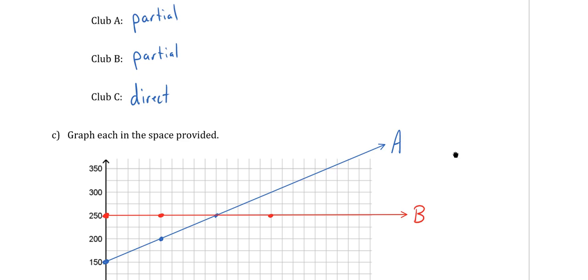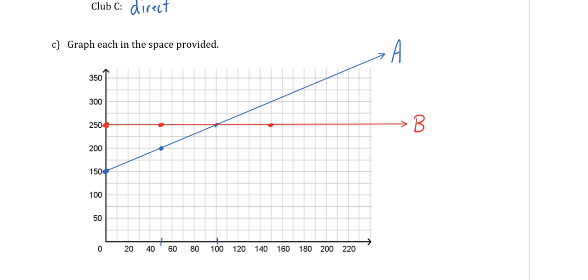And then C is 5N, so that starts at 0. And let's see, what would be a good one? If I used 20 times $5 is 100, so I'd pay $100. 40 times $5 is 200, so I'd pay $200. 60 times, oh, I can put that one in. 60 times $5 is 300, so I'm going to pay $300.